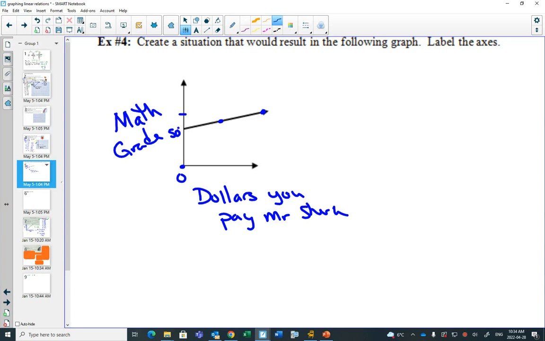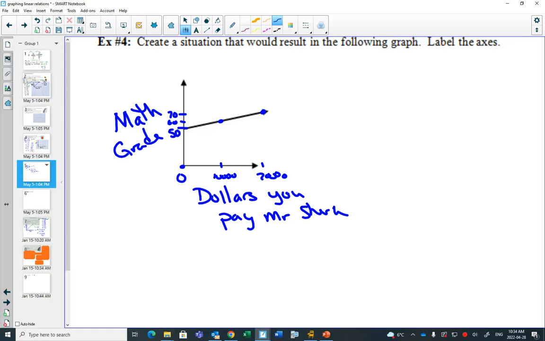This one is going to scale, according to the scale, this looks like, what is that, maybe goes up to 70 here, right? 60 here in the middle, right? You pay Mr. Shirk $10,000. You raise your mark 10%. You pay Mr. Shirk $20,000. You can raise it up to 70.